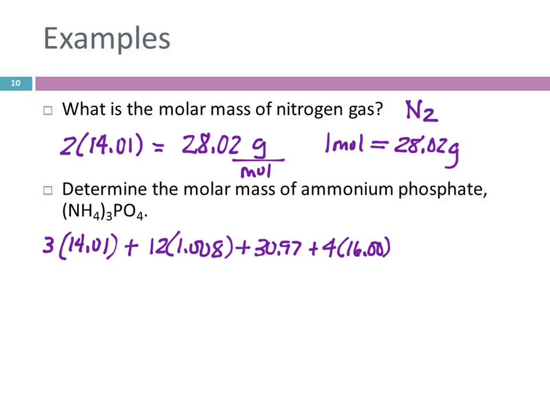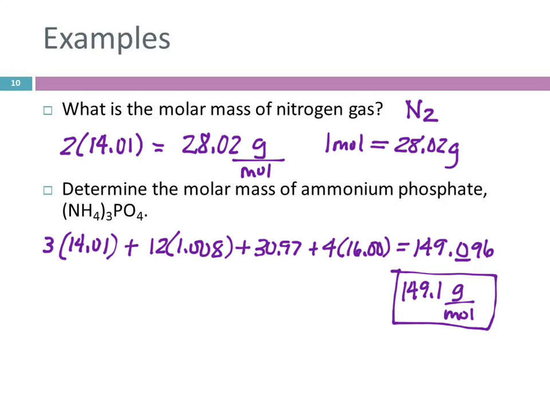So I'm coming up with 149. Did you guys get that same number? 149.096. If we're going to round this, because we're done, we're going to call this 149.1 grams per mole. I'd like you to get comfortable with looking at molar masses in terms of grams per mole, or 1 mole equals this many grams, because it means exactly the same thing.